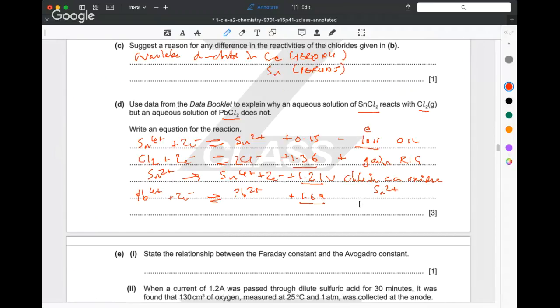So for this occasion, the chlorine cannot oxidize the lead 2+. So that reaction will run, but the equivalent reaction there will not run. So chlorine can oxidize the tin 2+, the chlorine cannot oxidize the lead 2+.